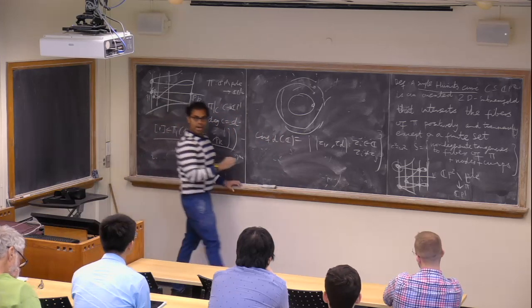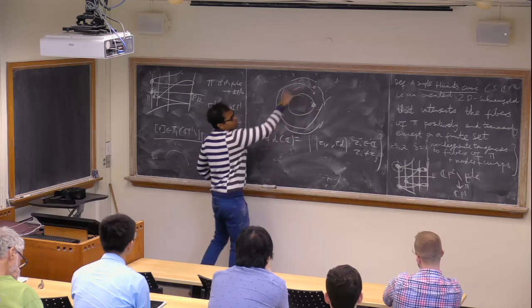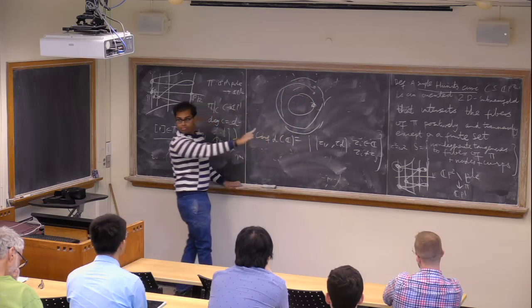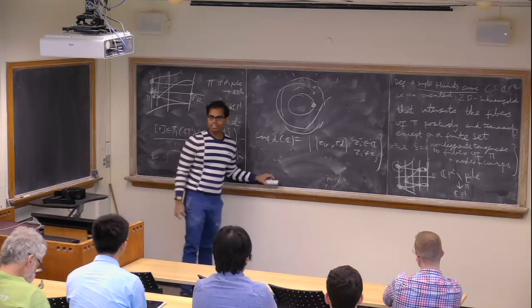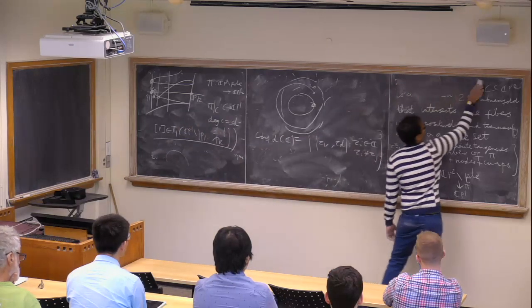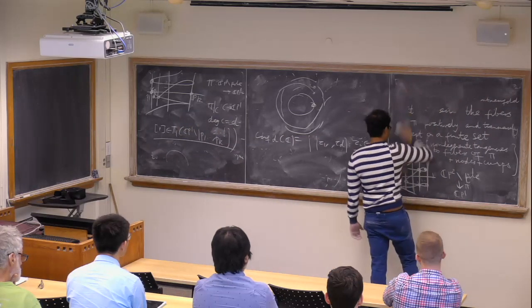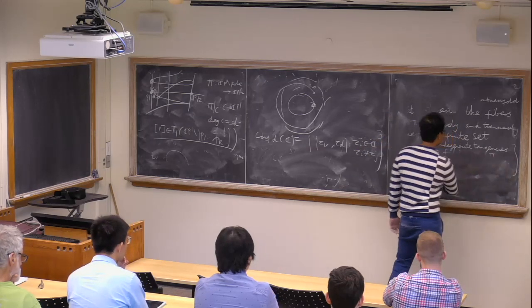And any point on gamma is going to give us a point in conf D of C. And as we move around gamma, we're going to get a loop in conf D of C. So what does a loop in conf D of C look like? It's basically just a game of musical chairs, as a quick interpretation of this. So how does that work? We imagine a point in conf D of C is like D distinct points in the plane.